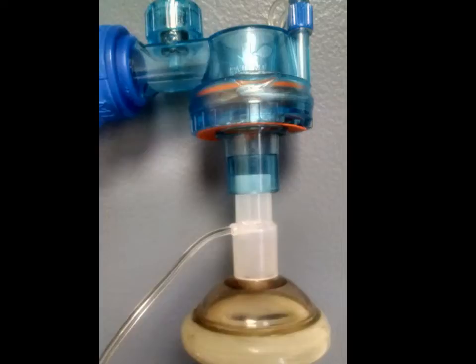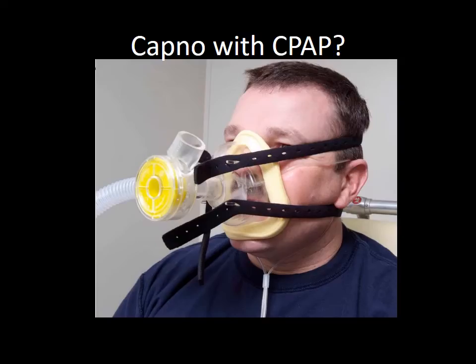So you can use it that way. The only problem is that you would need a really good seal and maintain that the entire time, or you'll get gas leak out of the side of the mask and you won't get a true reading. And then, yes, you can certainly use it with CPAP. You can definitely use capnography.